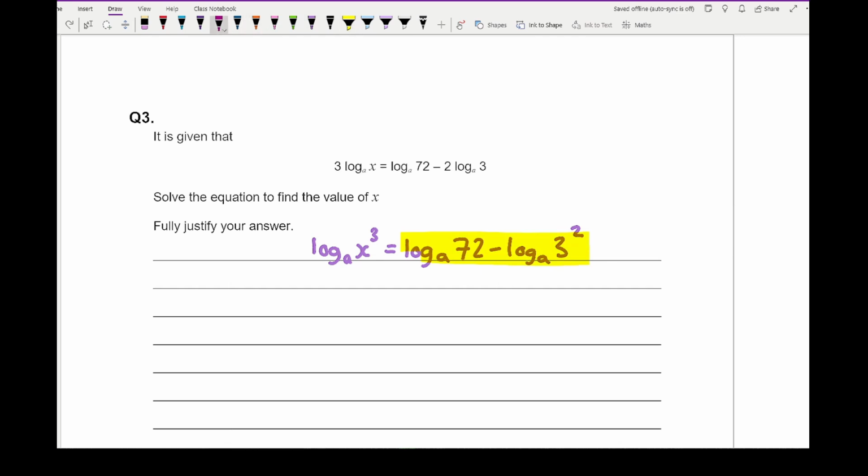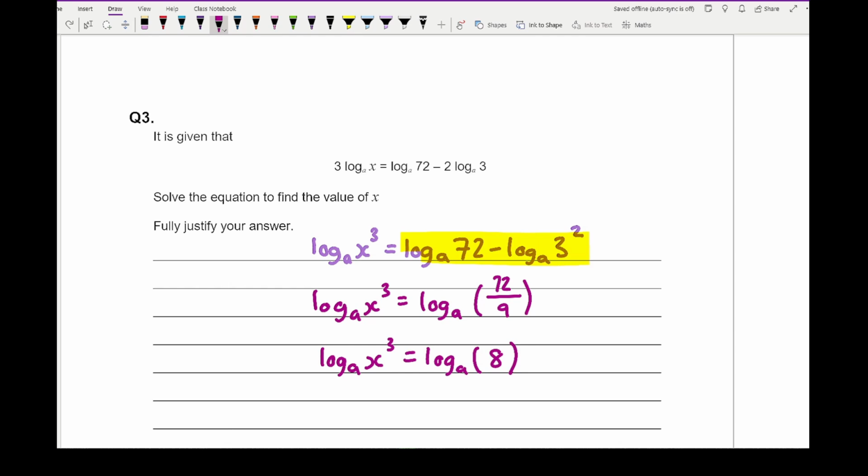When we are taking away, that is when we divide. So log a of x cubed equals log a of 72 over 3 squared, which is 9, and 72 divided by 9 gives me 8.